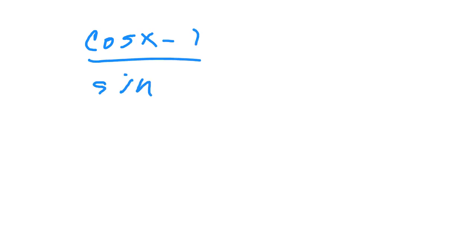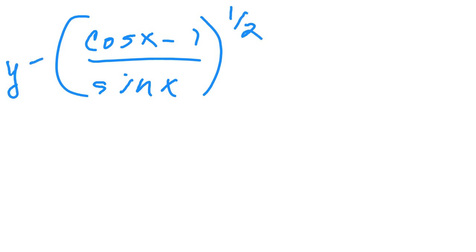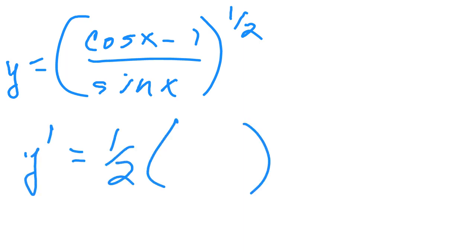So basically, I'm going to rewrite that as cosine x minus 1 over sine x, and write that quantity to the 1/2 power. So whatever y equals that, I want the derivative of that. So y prime is 1/2 that thing to the minus 1/2.